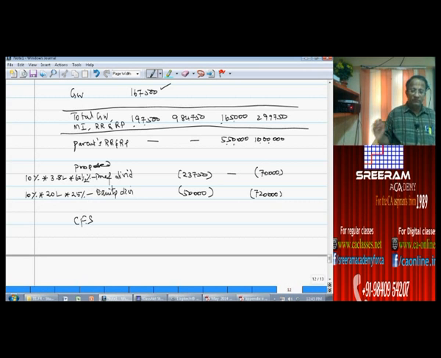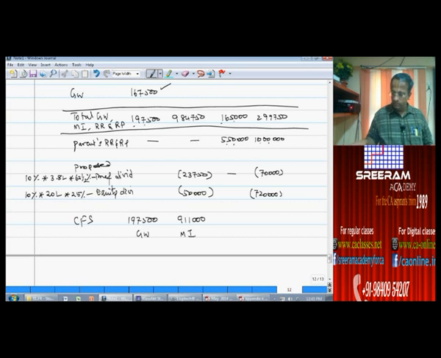Now CFS figure, 1,97,500 goodwill. Check it up.